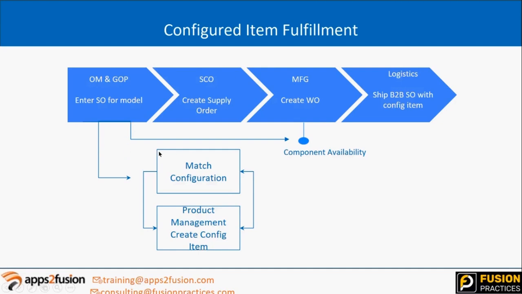If that selection was made before, it retrieves the existing star item number and puts it onto your sales order, or creates a new star item. Either it retrieves the existing match from product information management, or it creates a new star item there, and then that star item is sent to create the supply. After this matching process, the rest of the flow is like a standard item flow.